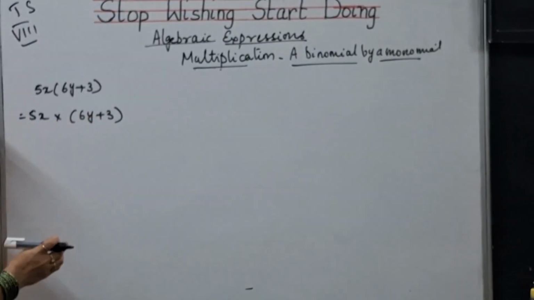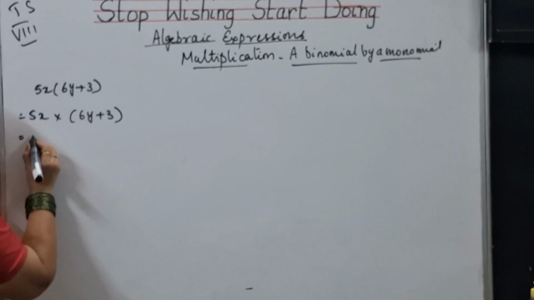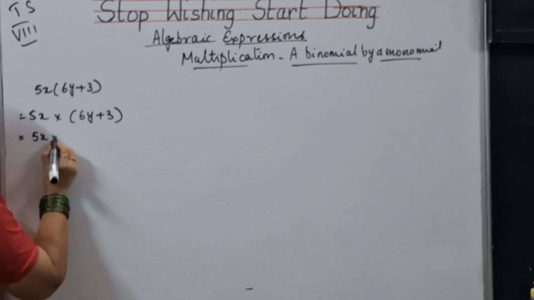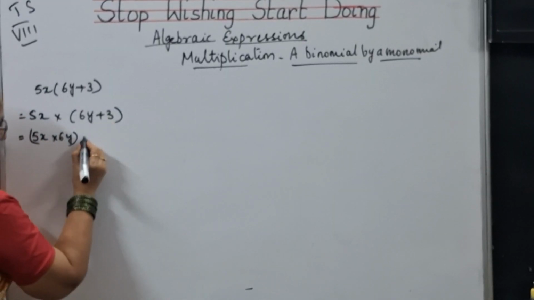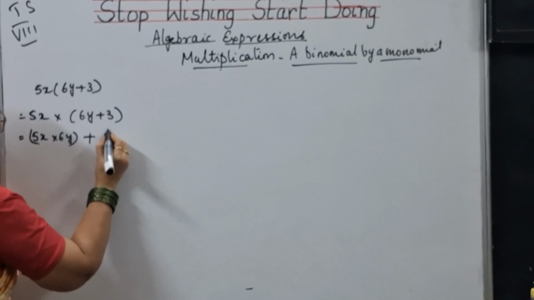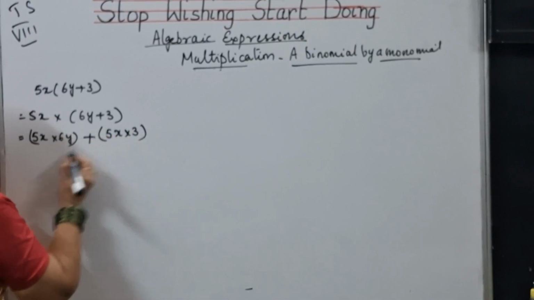So now we have to bifurcate. Already you have learned about various properties, children. Distributive property: A into B plus C is A into B plus A into C. In the same way, we'll write 5x into 6y in one bracket. Plus is there, so write plus 5x into 3.